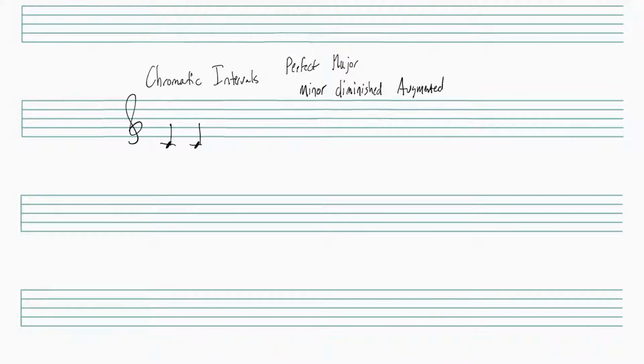That would be a perfect prime or perfect unison. We can call that P for perfect prime. We had a major second, C to D, a major third, C to E, a perfect fourth, C to F, perfect fifth, C to G, major sixth, C to A, major seventh, C to B, and then perfect octave, C to C.